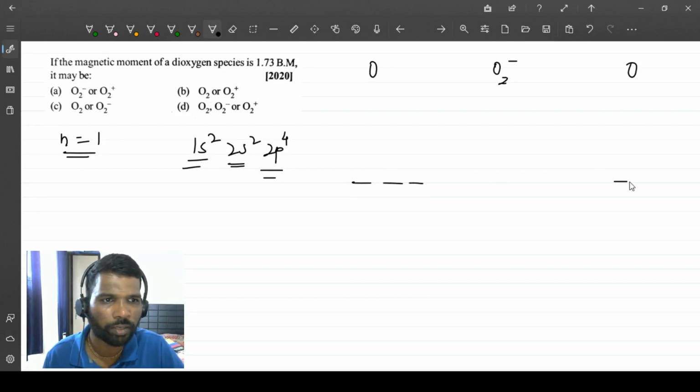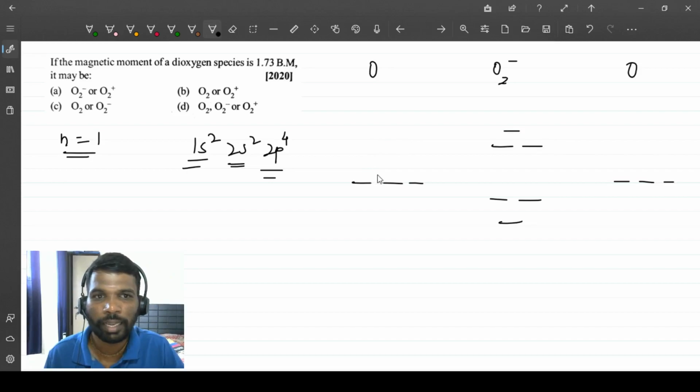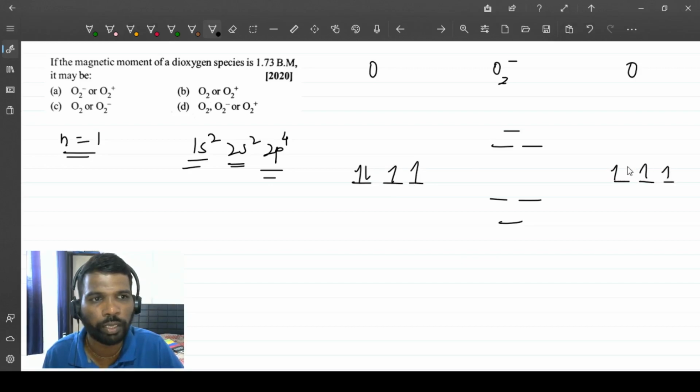I will just solve for the 2p. This is the 2p orbital, and oxygen is more than a 14 electron system. If I am writing for oxygen, there are a total of 8 electrons, 1 2 3 4 5 6 7 8.